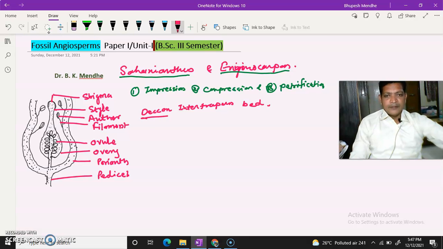So this belt is rich with a vast variety of fossil plants.